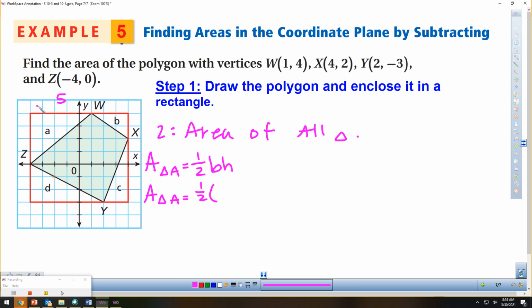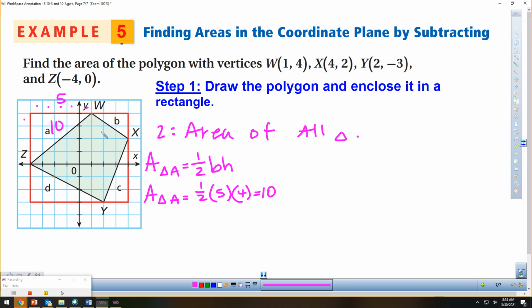All you have to do is count. 1, 2, 3, 4, 5. Okay, so the base of this triangle is 5. What is the height of this triangle? 4. So the area of triangle A is 10. I'm going to put a 10 in here.